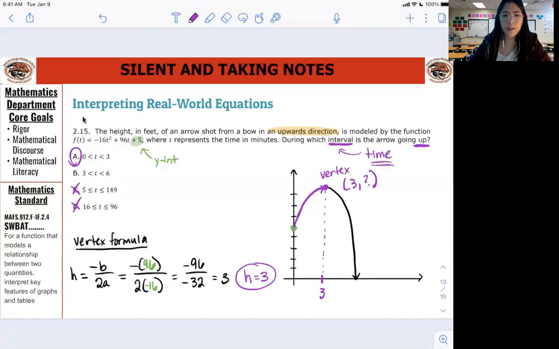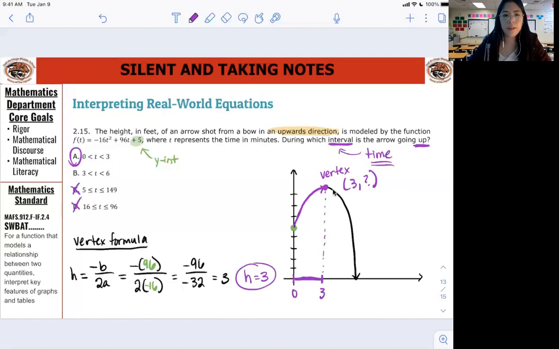So even without knowing the value of the vertex, we could have chosen the right answer because it's going to start at 0, from 0 to 3. Even though the height starts at 5, that's not what it's asking. It's not asking for the height, it's asking for the time interval.